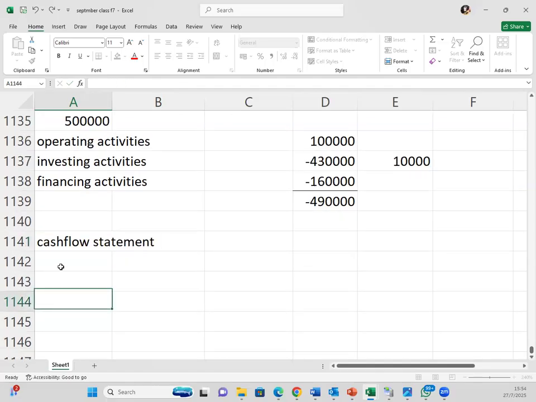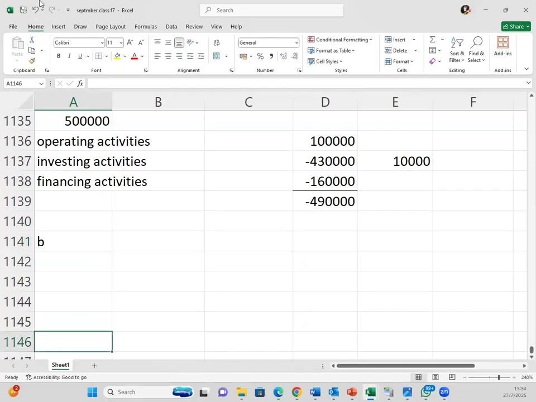The cash flow statement will help us sub-analyze these cash flows.